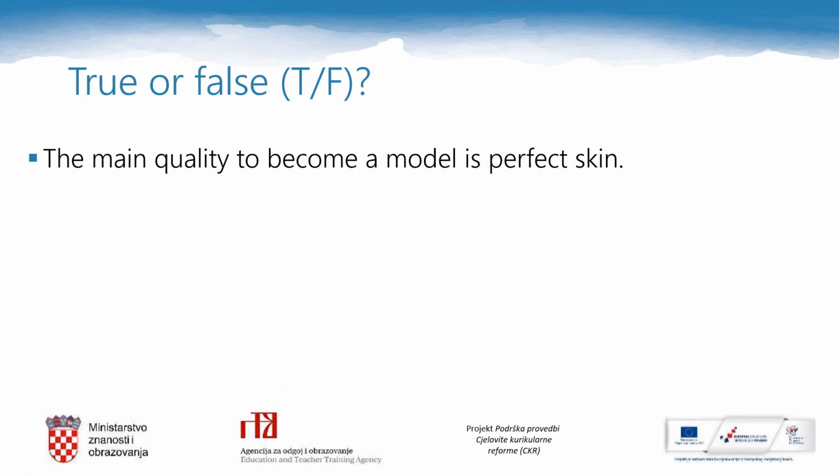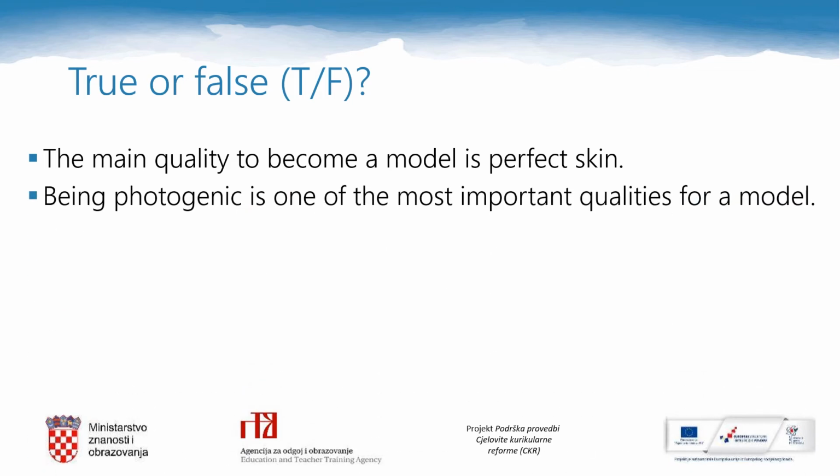The first sentence says, the main quality to become a model is perfect skin. If it is true, write a T. If it is false, write an F. Later, we will check it together. Being photogenic is one of the most important qualities for a model.